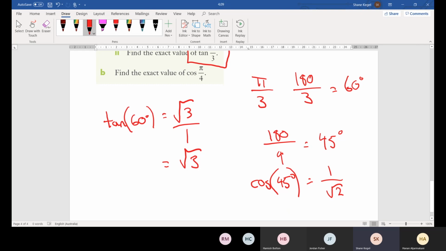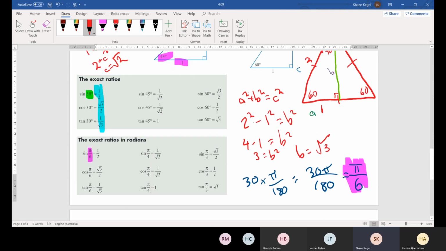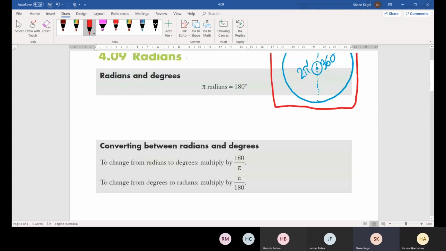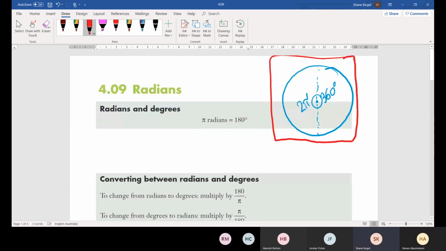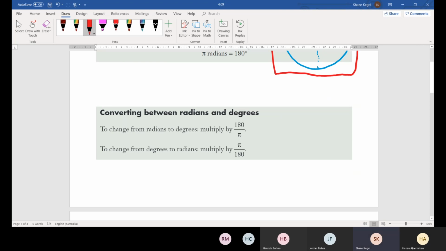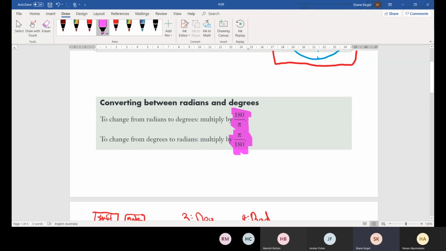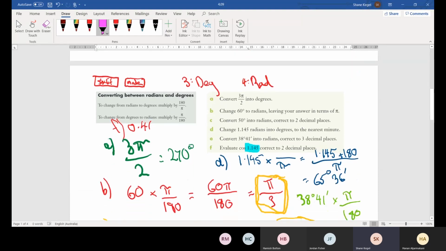So that covers the types of questions you'll see in this exercise. Key points to reflect on: firstly, remember that 2 pi is the equivalent of 360 degrees, or a circle. Remember that pi radians is 180 degrees. You can convert between radians and degrees by multiplying through by the two fractions.